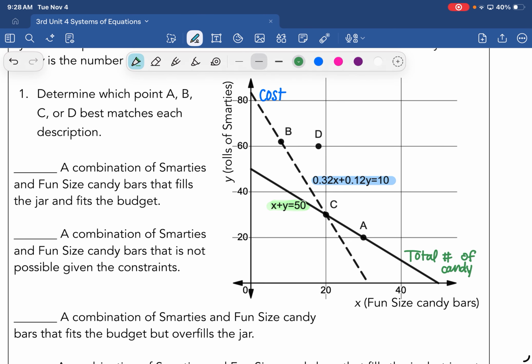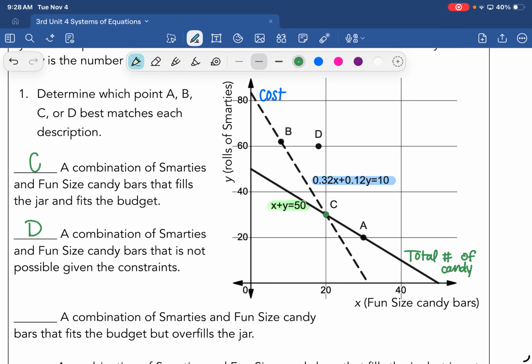All right, so we're going to determine which points A, B, C, or D best match the description we were given. Okay, so a combination of Smarties and fun-sized candy bars that fills the jar and fits the budget. Would that be A, B, C, or D? C. We're looking where it is both. Okay, a combination of Smarties and fun-sized candy bars that is not possible given the constraints. D. D is not on either line. It is not possible. Okay.